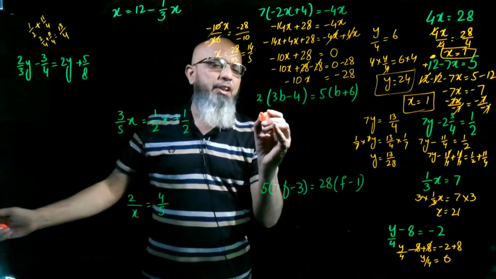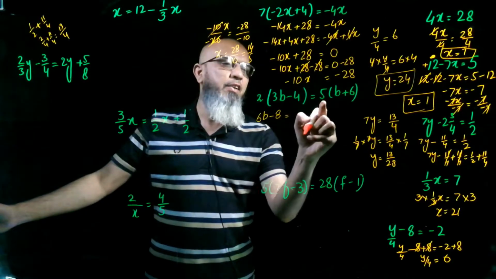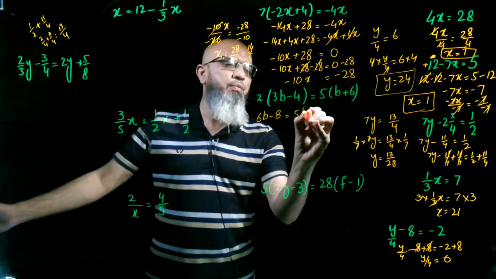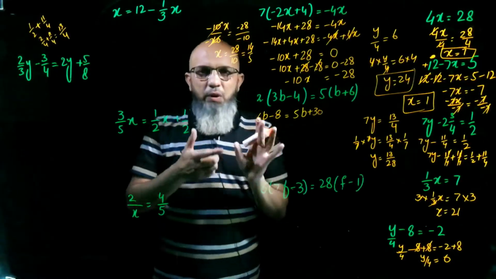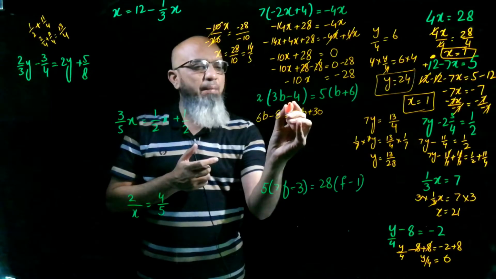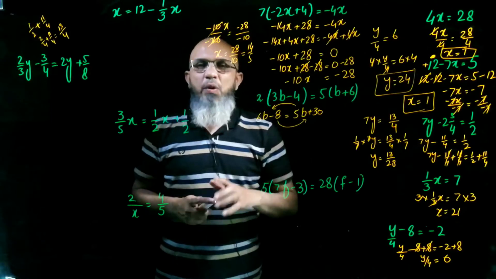2 3s are 6b minus 4 2s are 8, that is equal to 5b plus 5 6s are 30, right? So now what do we have to do? We will move 5b to this side and minus 8 to the other side.